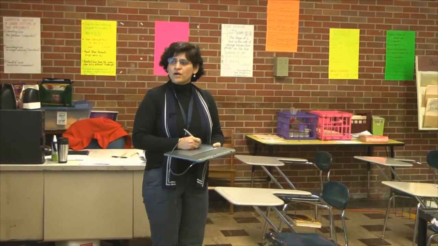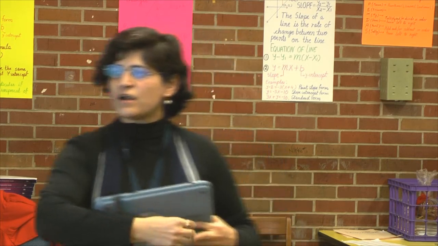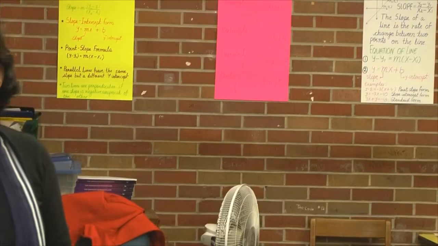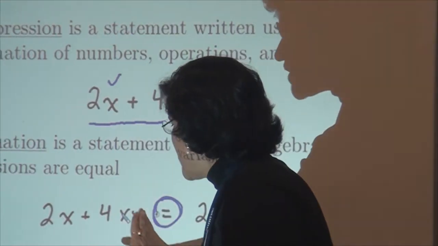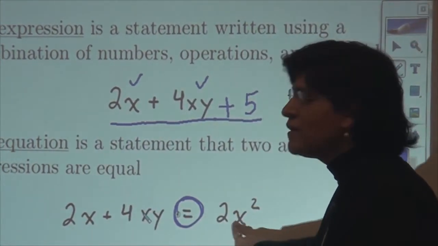Now we come to an equation. An equation is a statement that two algebraic expressions are equal. Why do I say two algebraic expressions? Can you see here there are two algebraic expressions? There's one expression on the left side and the second expression on the right side.